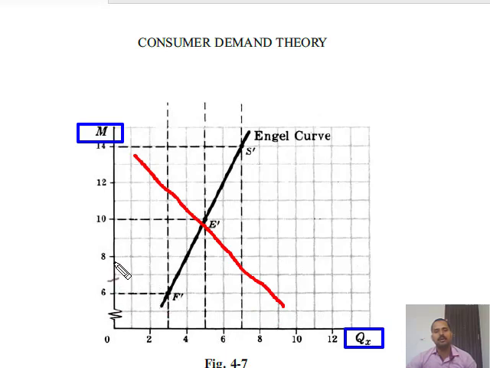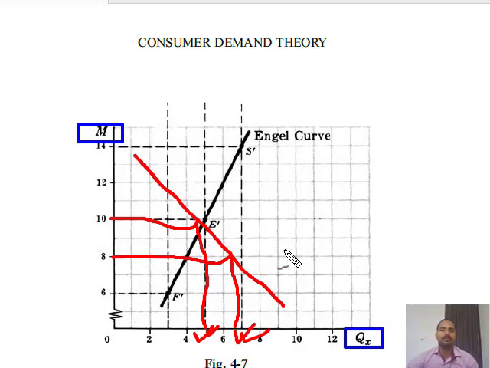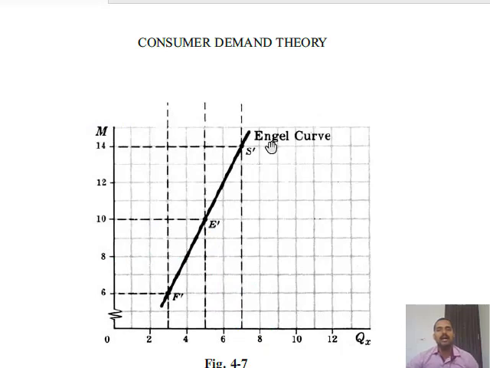For example, if the initial consumption is here, then if income increases, the quantity consumed will decrease and the consumer will consume this much, which is less than this much. So this is the case of an inferior good. Now you can say that for an inferior good, both the Engel curve and the income consumption curve are negatively sloped.